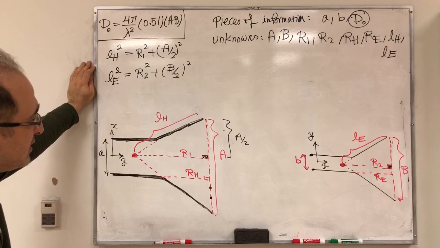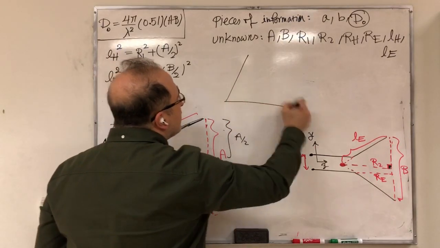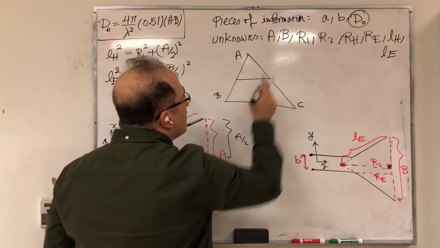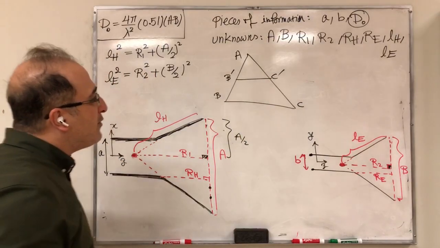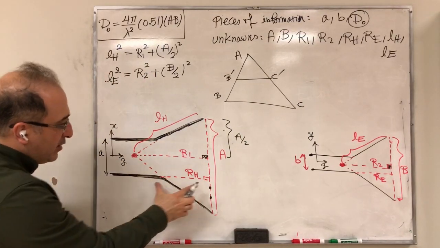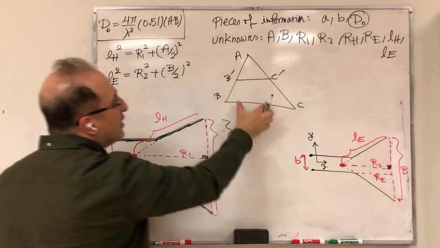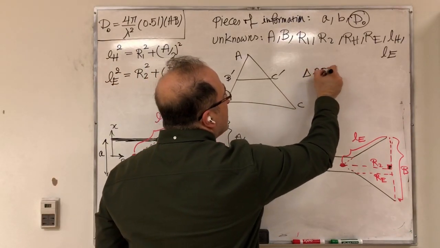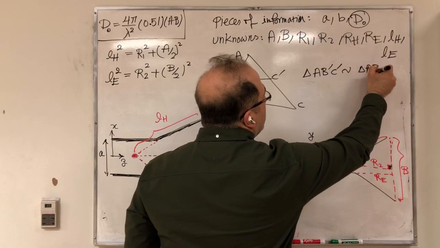Other equations based purely on geometry could come from similarity of triangles. Remember, if you have a triangle A, B, C, and then you have a line parallel to the base, let's call it B prime, C prime. The reason I'm talking about that is to think of this line and this line: RH and R1 are parallel to each other. Then the triangle A, B prime, C prime is similar to triangle ABC.